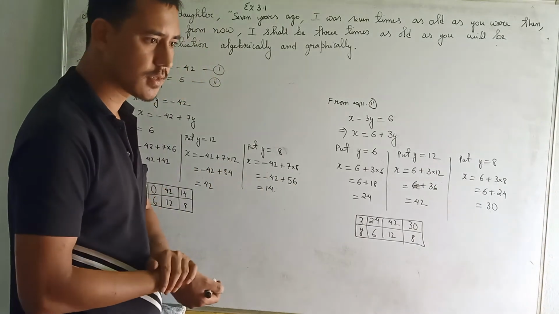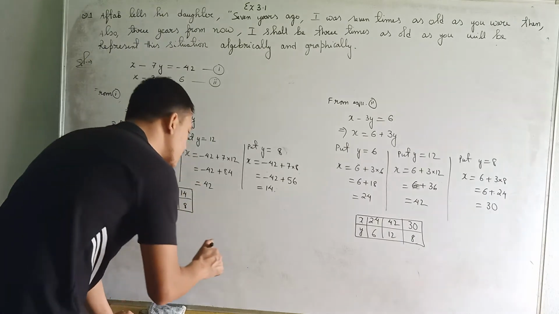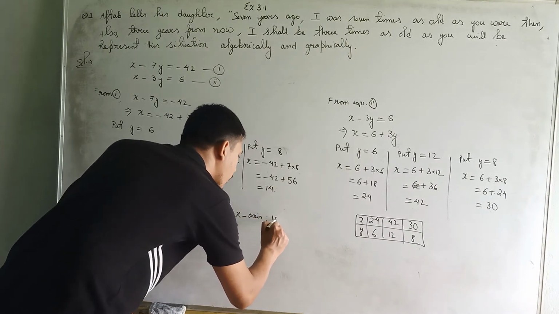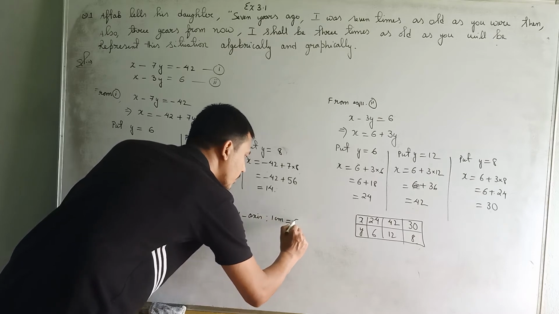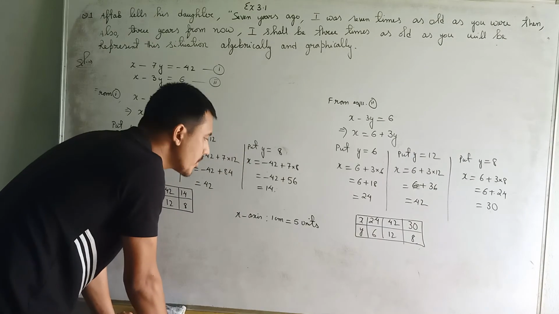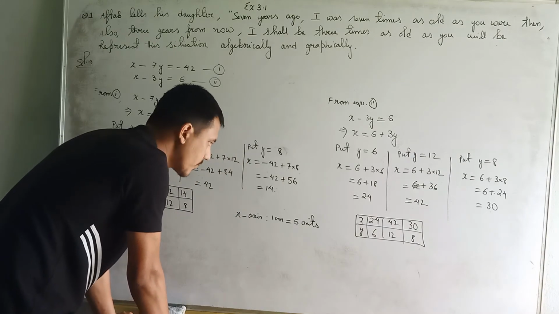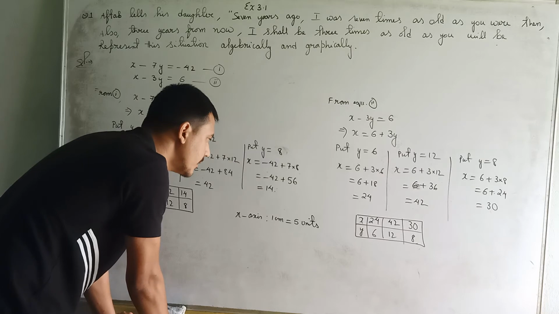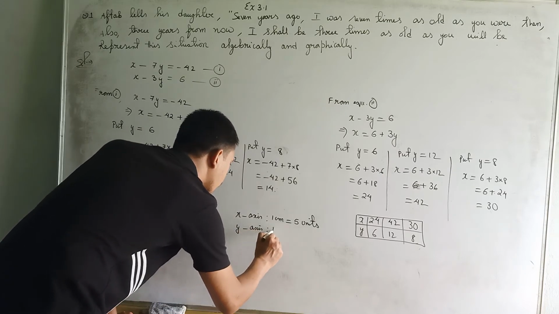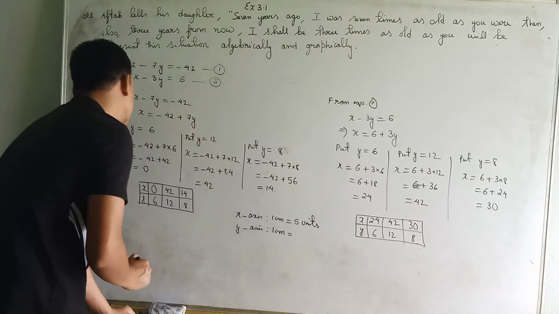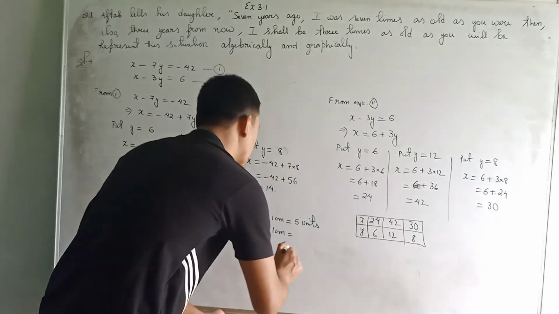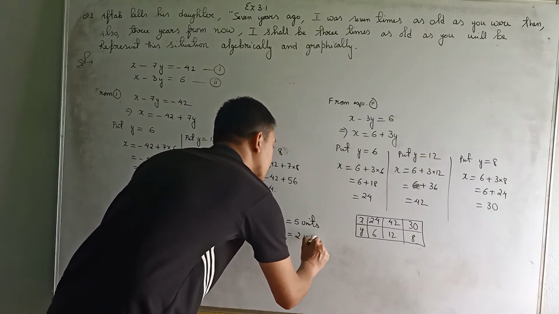For a proper scale on the x-axis, go for 1 centimeter to 5 units, or you can go for 10 units also, no problem, but 5 units would be much better. And for the y-axis, 6, 12, 18, 12 is the highest, so you can go for 2 units each.